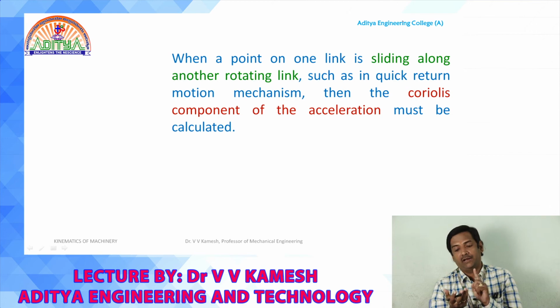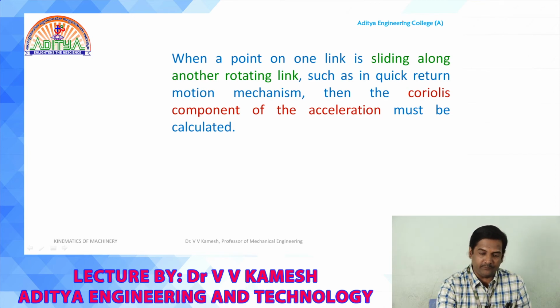In addition to the radial and tangential components, the Coriolis component of the acceleration will also be added. By definition, when a point on one link is sliding along another rotating link or moving frame, such as in the quick return motion mechanism, then the Coriolis component of the acceleration will be added.